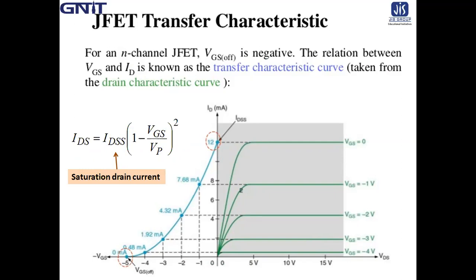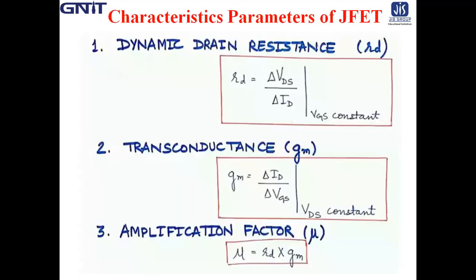Next, a few important characteristic parameters of JFET. Three important parameters. First is the dynamic drain resistance, denoted RD. It is the ratio of small change in drain to source voltage to the corresponding change in drain current at constant gate to source voltage.